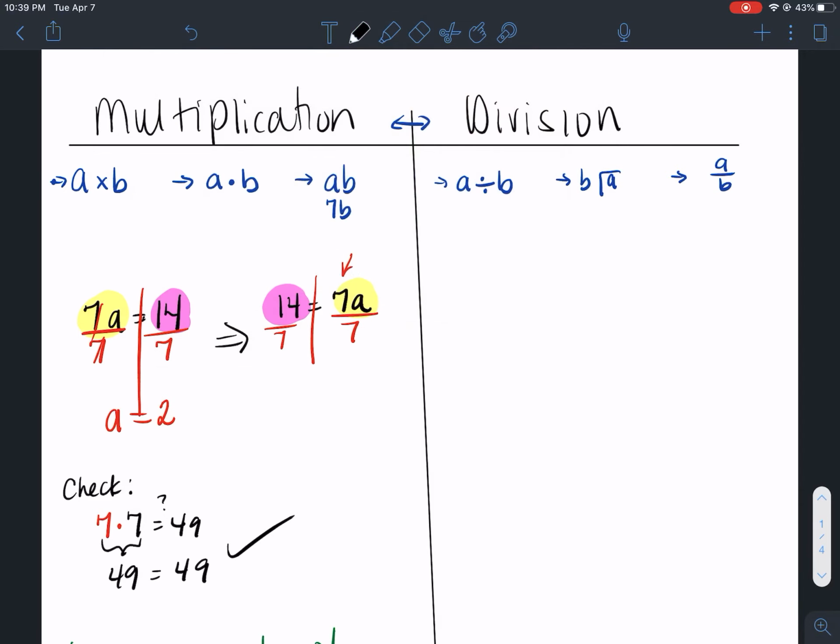Let's say I'm given a division problem. They're giving me r divided by 2 equals 24. So they're telling me some number divided by 2 equals 24.